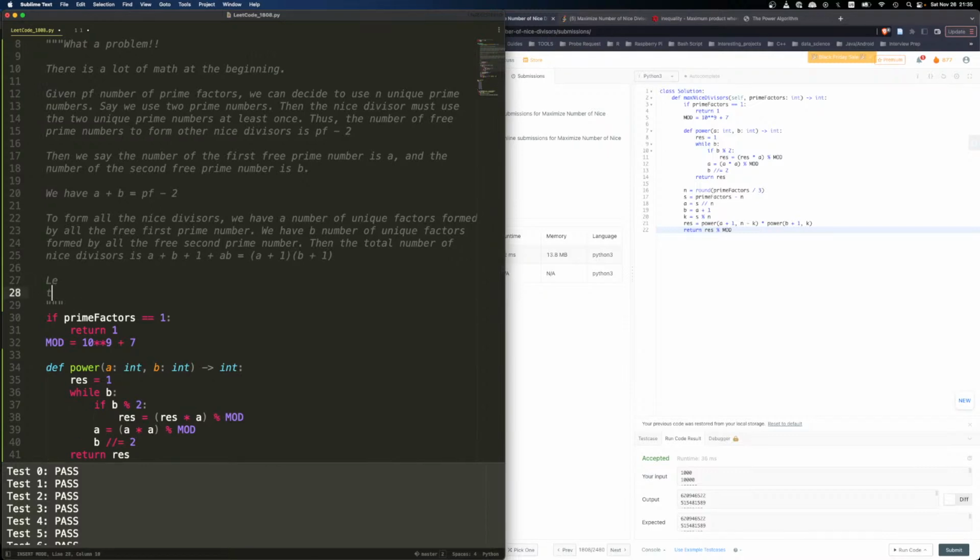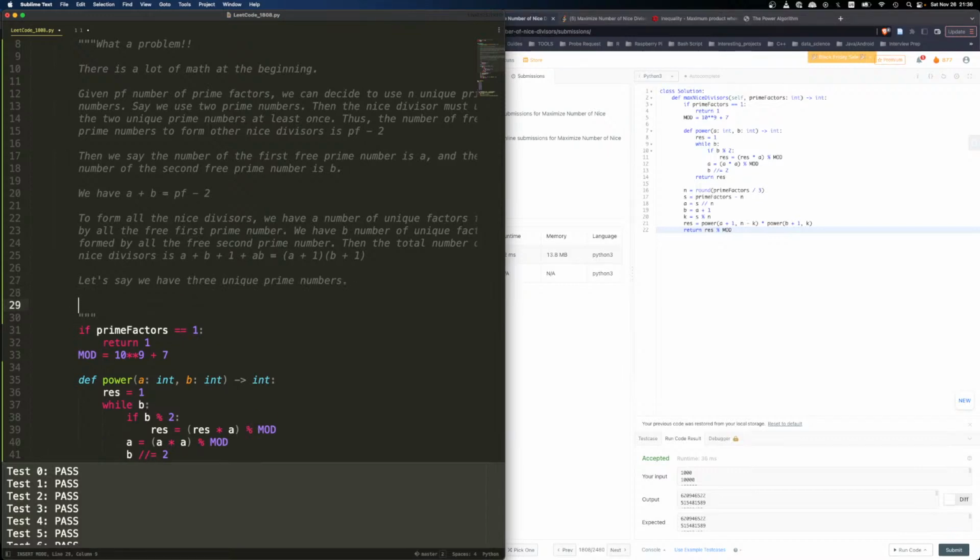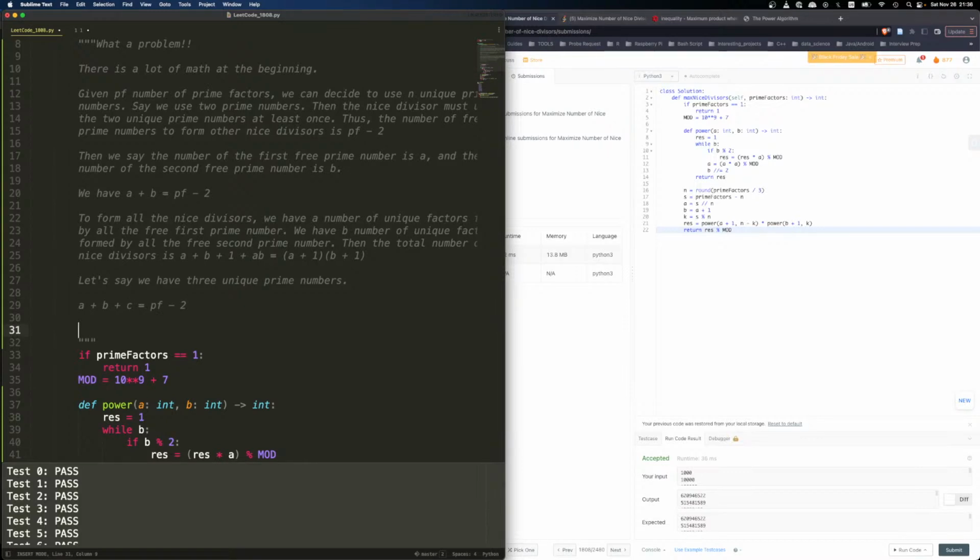Now let's say we have 3 unique prime numbers, and we say a plus b plus c equals pf minus 2, right?